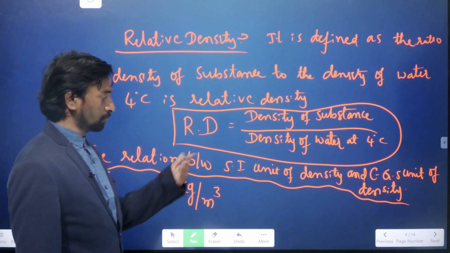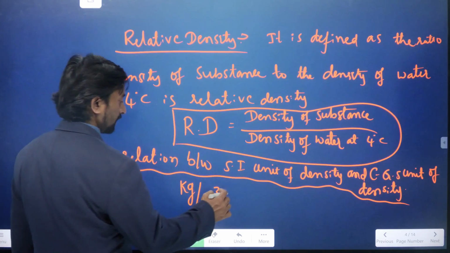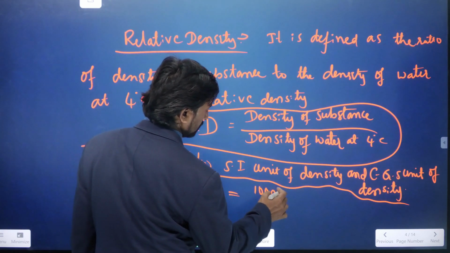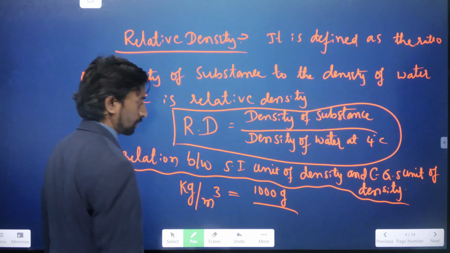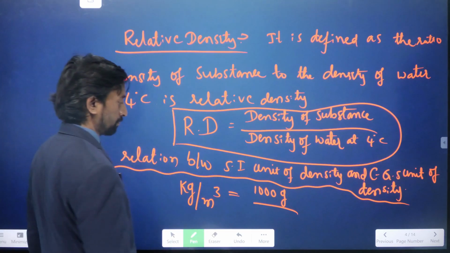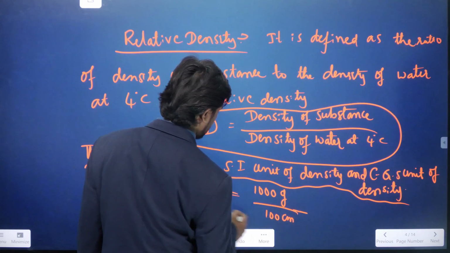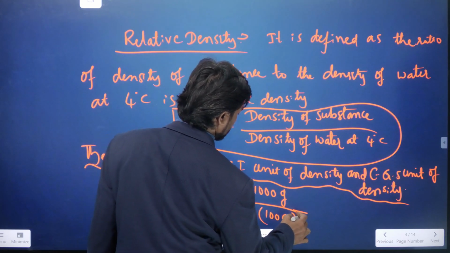To convert this into CGS units, 1 kg is 1000 grams, and 1 meter is 100 centimeter, so in place of 1 meter cube we write 100 centimeter cube.